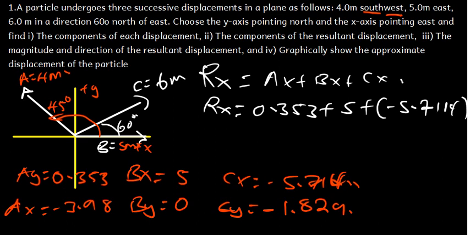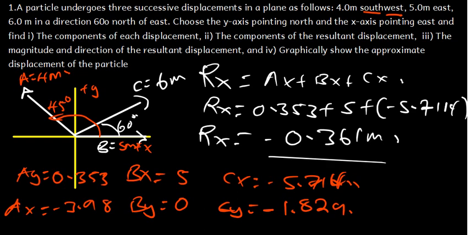So it's going to be 0.353 plus 5 minus 5.714. I'm getting negative 0.361 meters. So this is the x component of the resultant.